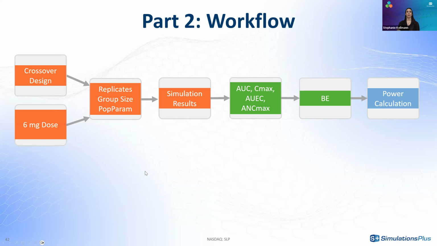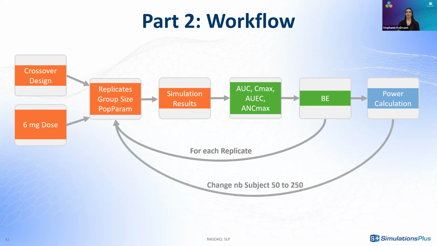So this is how the workflow looks. This is a visualization of the workflow. We simulated a 6 milligram dose using the population model with both inter-individual and inter-occasion variability. Each simulation was run with different replicate groups and sample sizes ranging from 50 to 225 subjects.